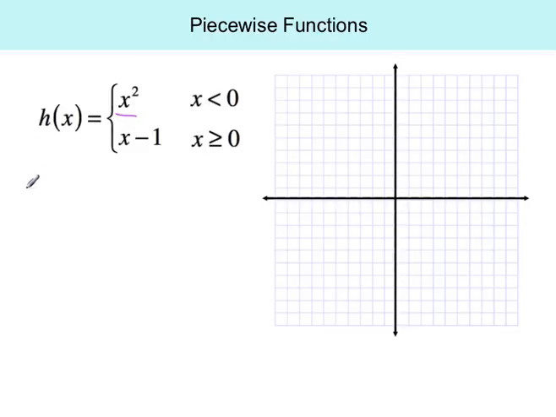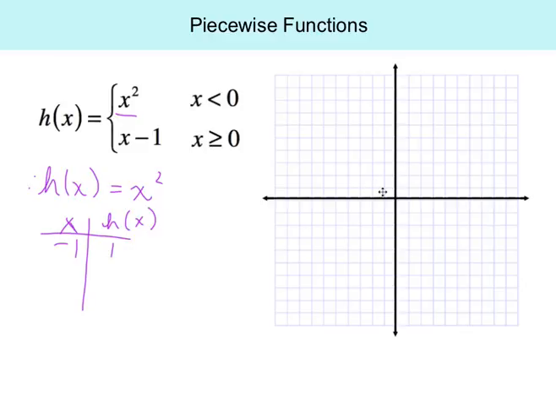Now let's do this. When x is less than 0, I know h of x is equal to x squared. So let's start this way. When x is negative 1, h of x is 1.